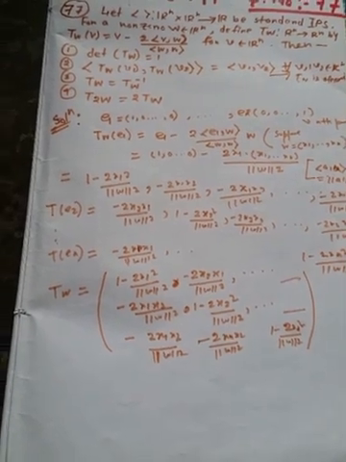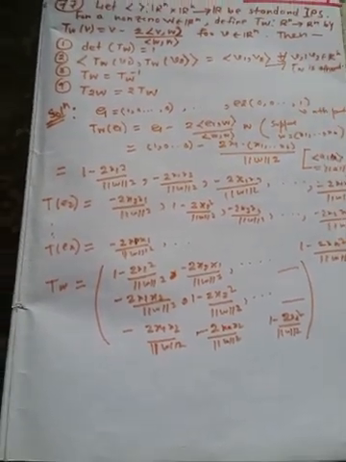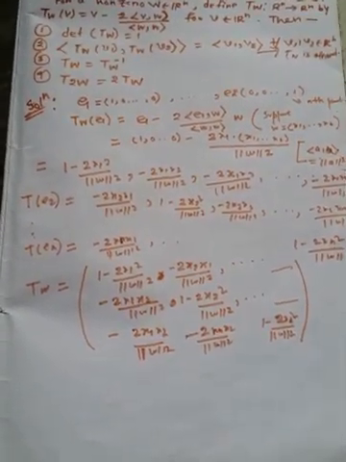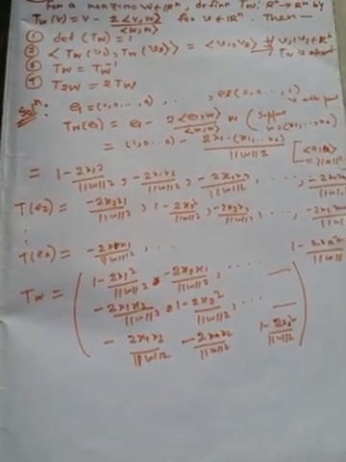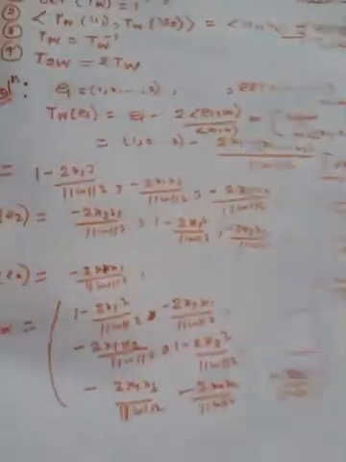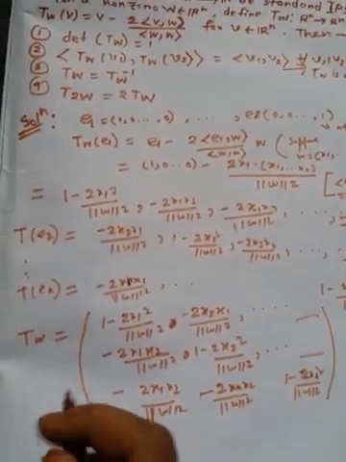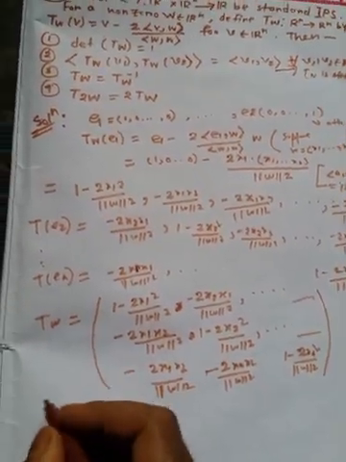So in this matrix representation, it is very difficult to check the options, because here x1, x2 are arbitrary. So we take a particular value and discard the option.